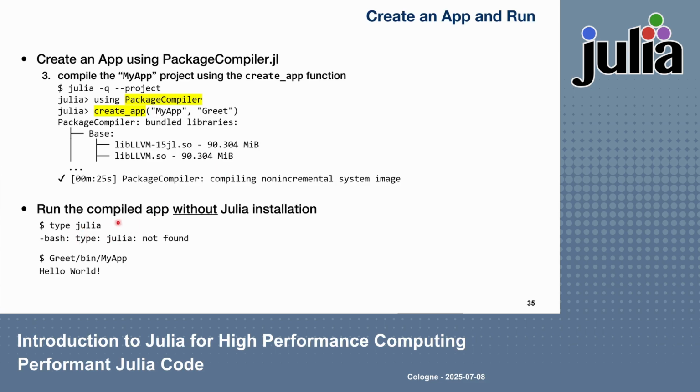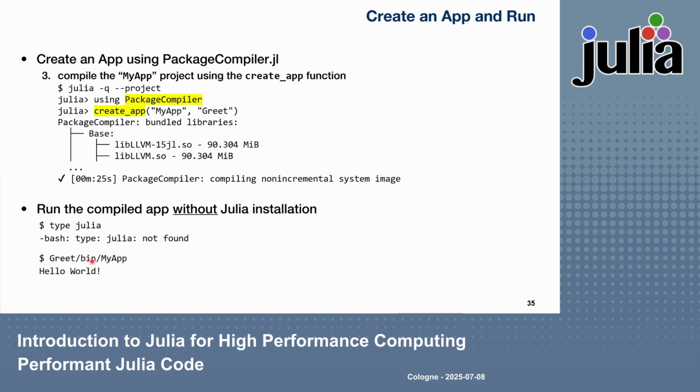But the good thing is you can release your compiled Julia code to your colleagues without Julia installation. As you can see here, this is my example. If you type a Linux command to find out, Julia is not installed, right?